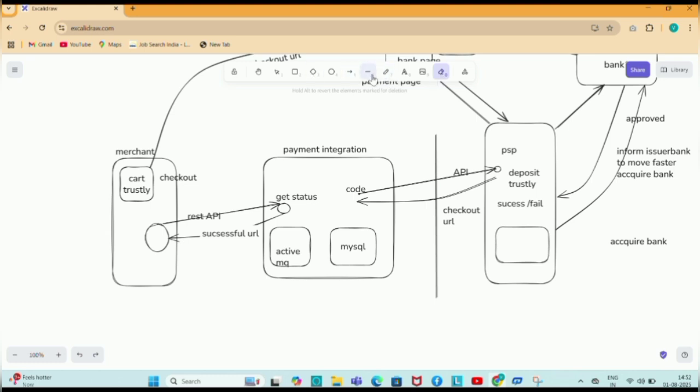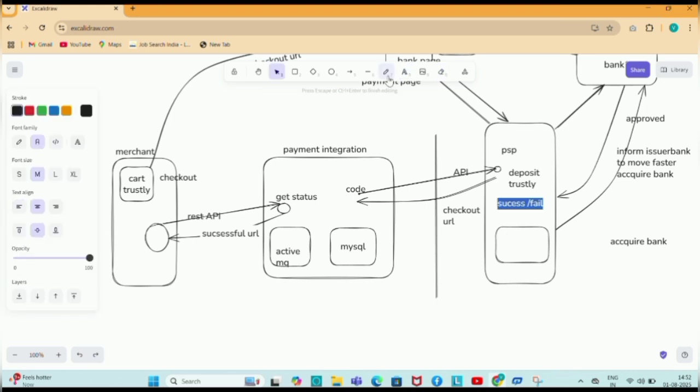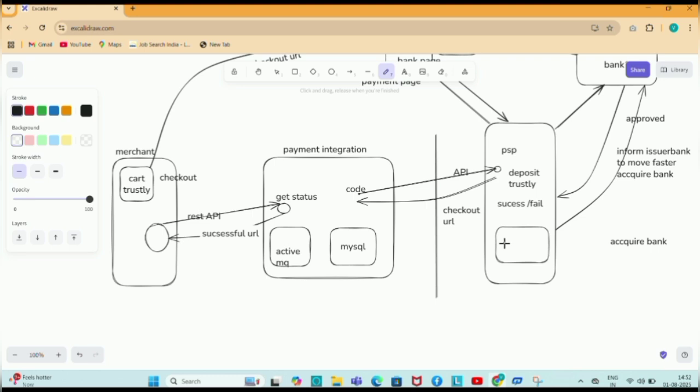So this merchant system will give the successful URL. So it is in a merchant account. The pending notification, Trustly is not receiving the money. Every PSP has an acquiring bank account. So the credit notification says the payment is successful.